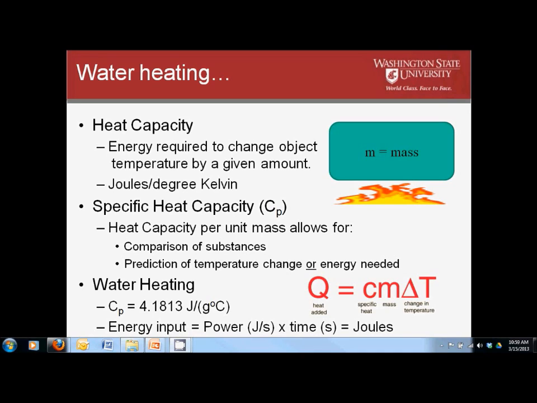The temperature can be in Kelvin or degrees C in this application. And so in this example, the specific heat of water is 4.1813 joules per gram degree C, and the formula, if you want to know how much heat needs to be added, then you need to multiply the specific heat times the mass of the water times the change in temperature that's desired.